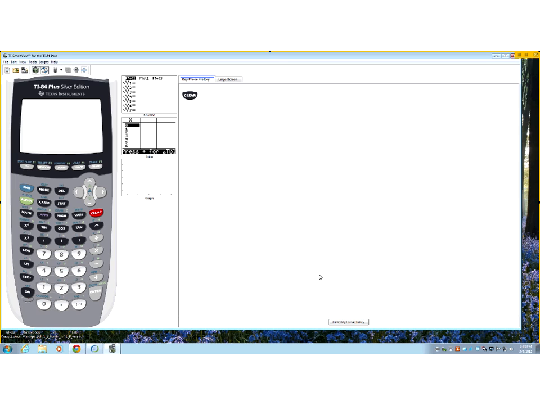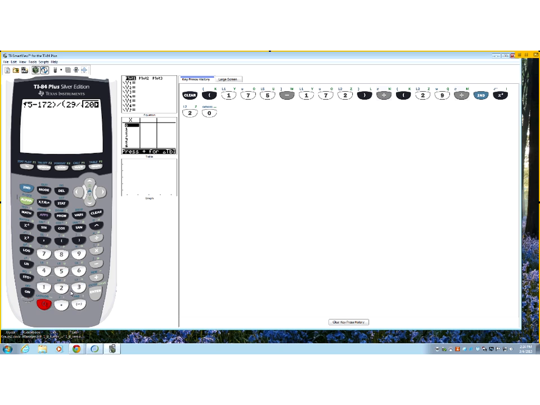All right, so I'm entering the z-score. So I think we had 175. Notice that I put a parentheses there, 175 minus 172, in parentheses. That's the numerator, and then you divide it by what's in the denominator. We had a fraction in the denominator, our standard deviation, which is 29, over the square root of 20.